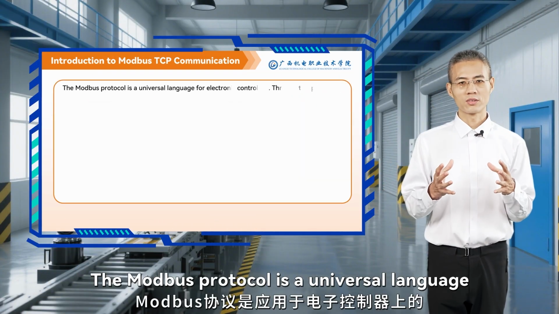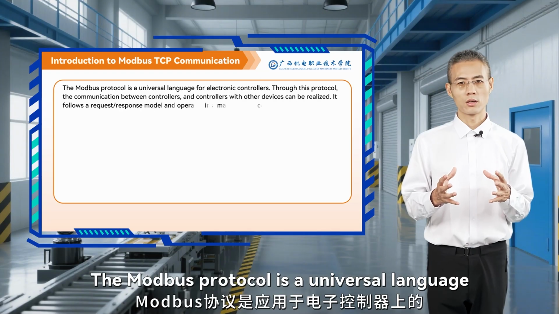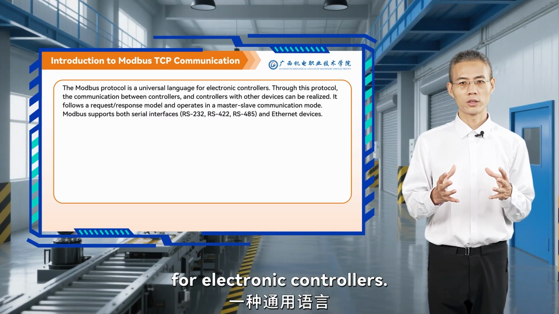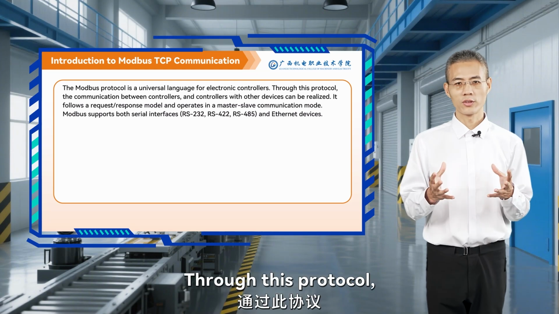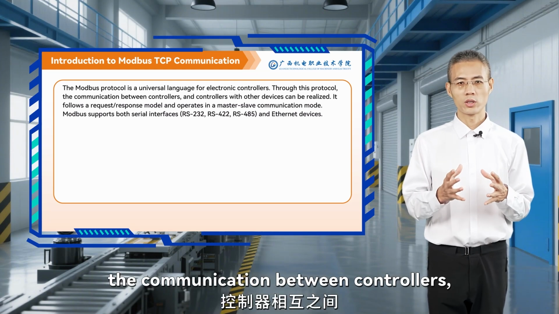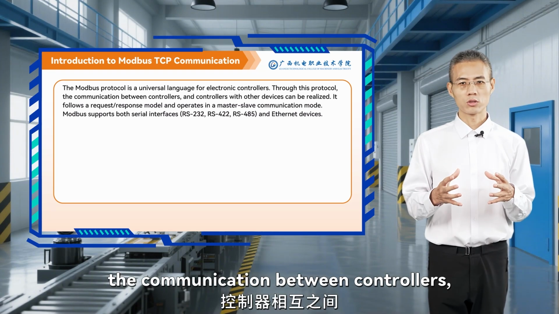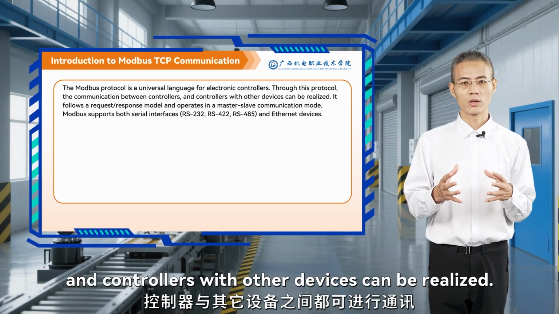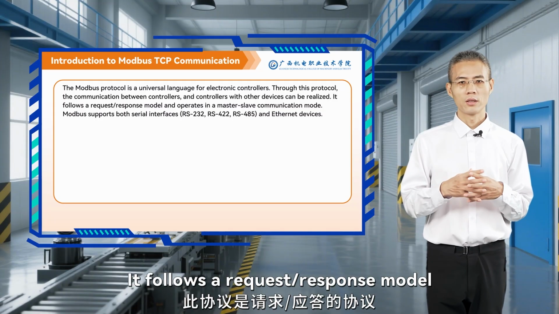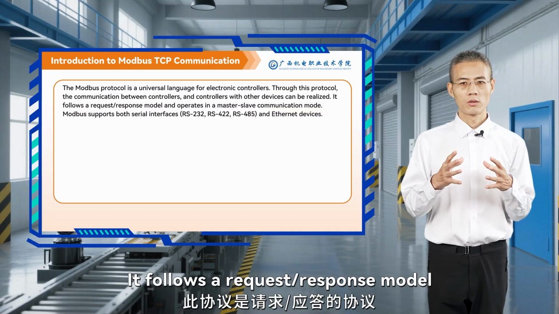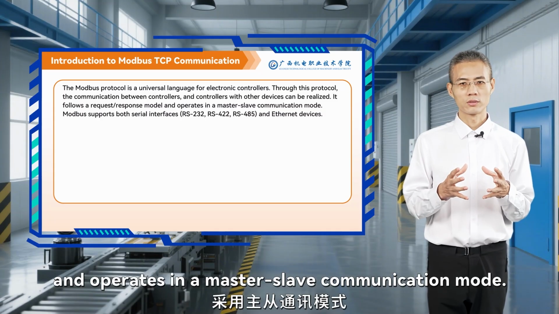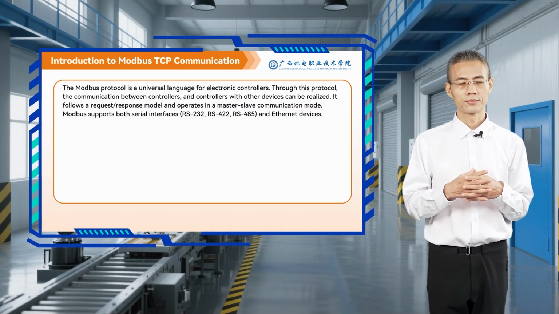The Modbus protocol is a universal language for electronic controllers. Through this protocol, the communication between controllers and controllers with other devices can be realized. It follows a request-response mode and operates in a master-slave communication mode.